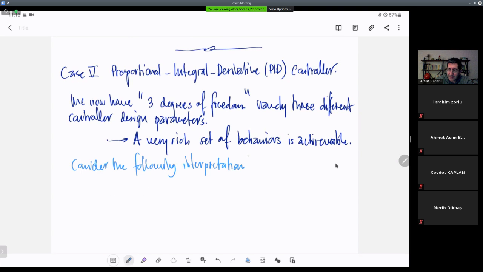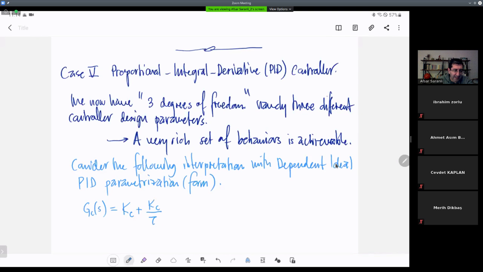So it's going to be a controller proportional gain Kc plus Kc over tau I times 1 over s, which is the integral term, plus Kc times tau d times s, which is the derivative term. So let me take this first into 1 over s parentheses. So that's going to be Kc s plus Kc over tau I plus Kc tau d times s squared.